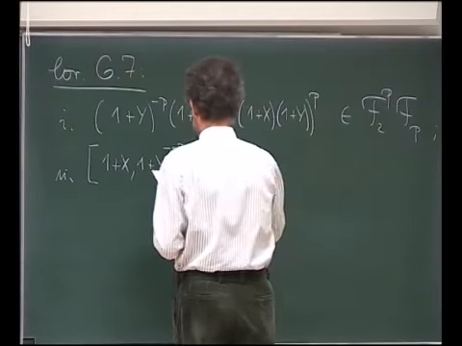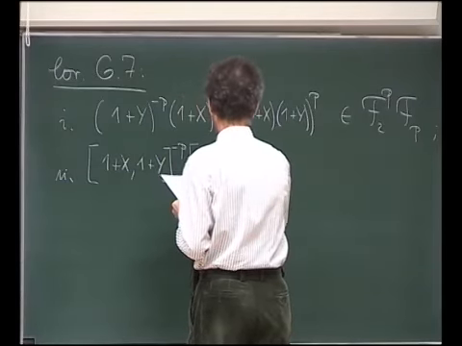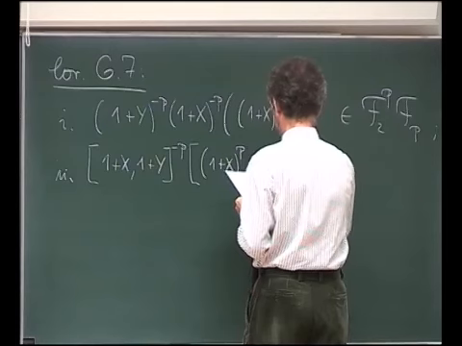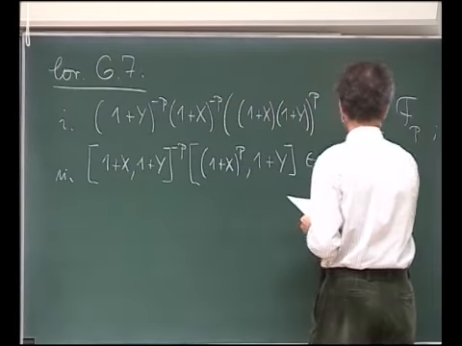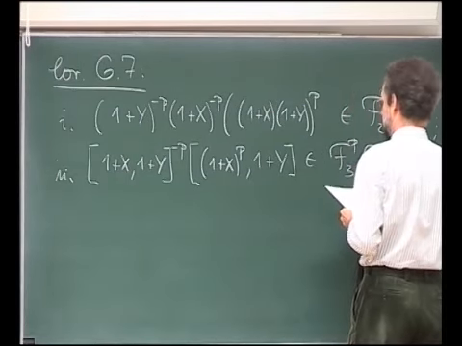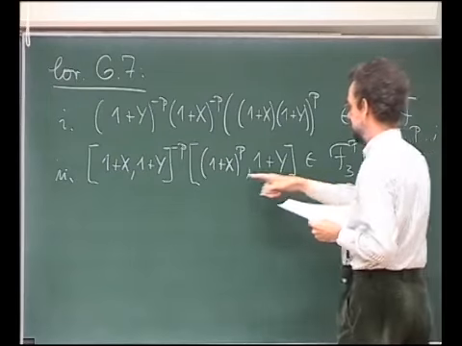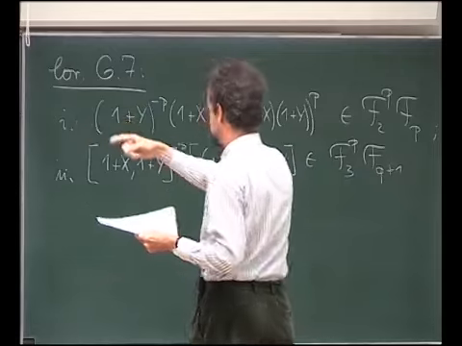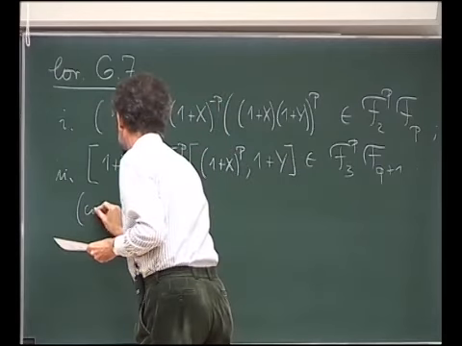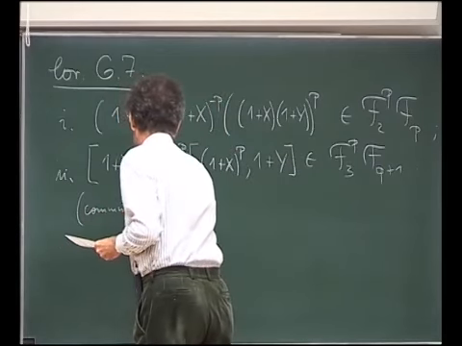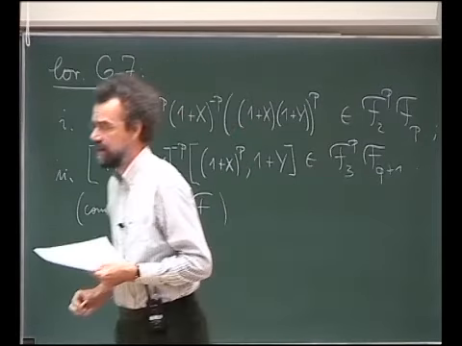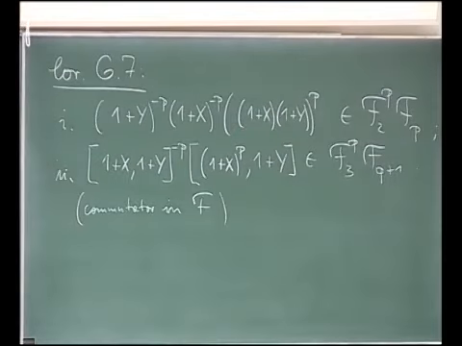And second, the commutator [1+x, 1+y]^{-p} times the commutator [(1+x)^p, 1+y] lies in F_3^p times F_{p+1}. And to be precise, because in this business we also had the additive commutator, this means the commutator in the free group.